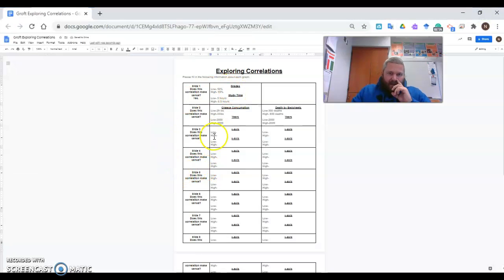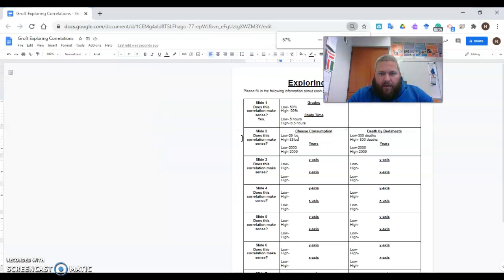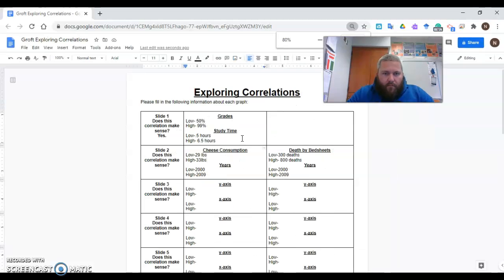So if we take a second to think about all of that, does that correlation make sense, that cheese and death should be a correlation? Probably not.